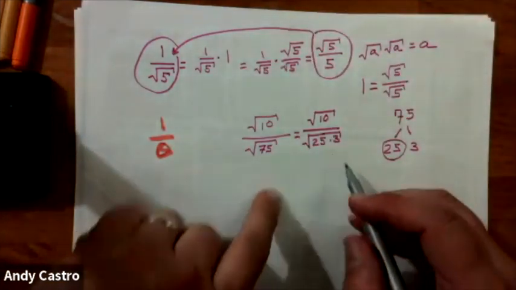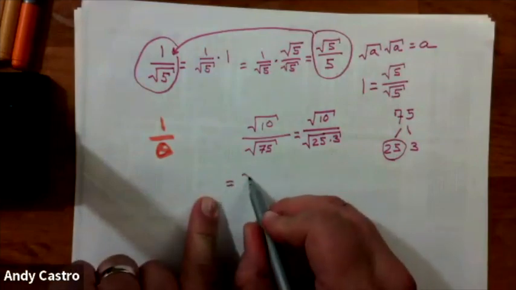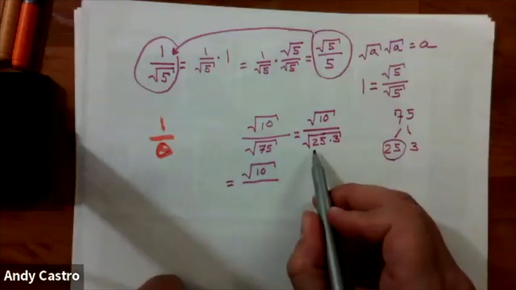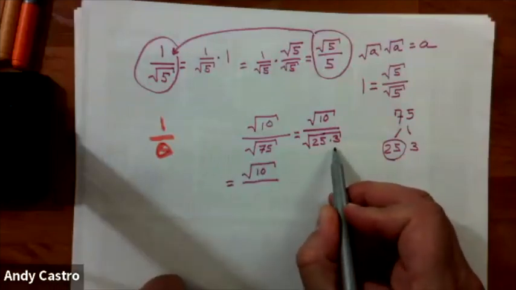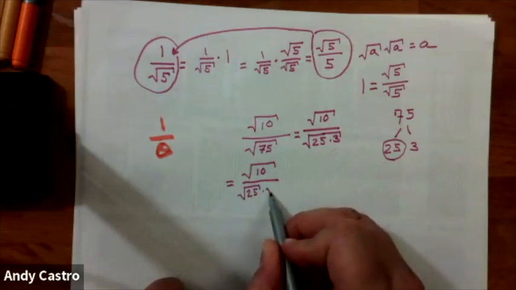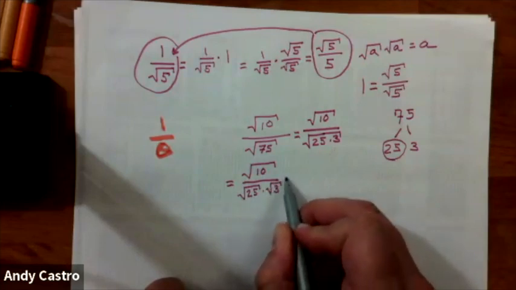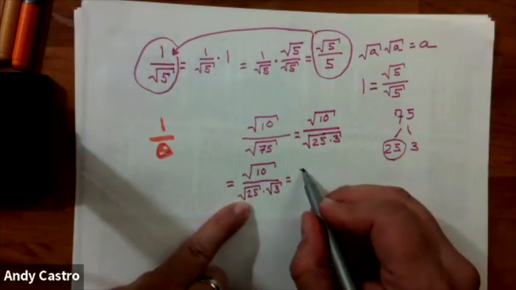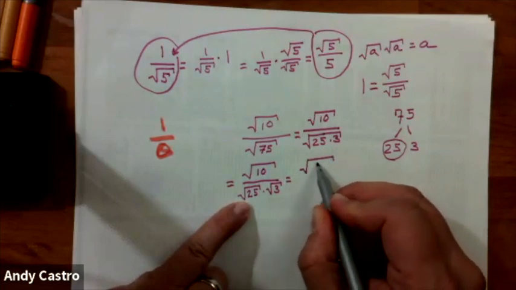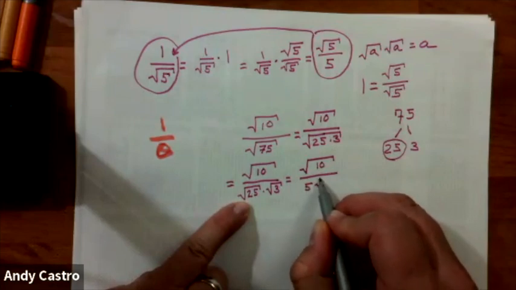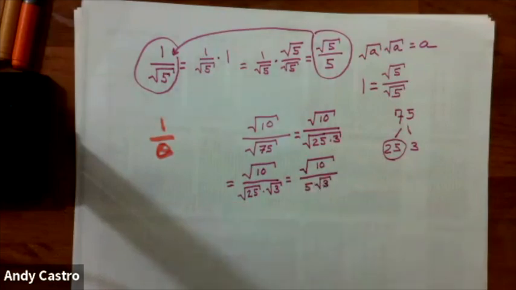What that's going to let me do then in the denominator is I can split the radical over those two factors. Square root of 25 times the square root of 3. The square root of 25 is 5. So now what I'm left with is the square root of 10 over 5 times the square root of 3.